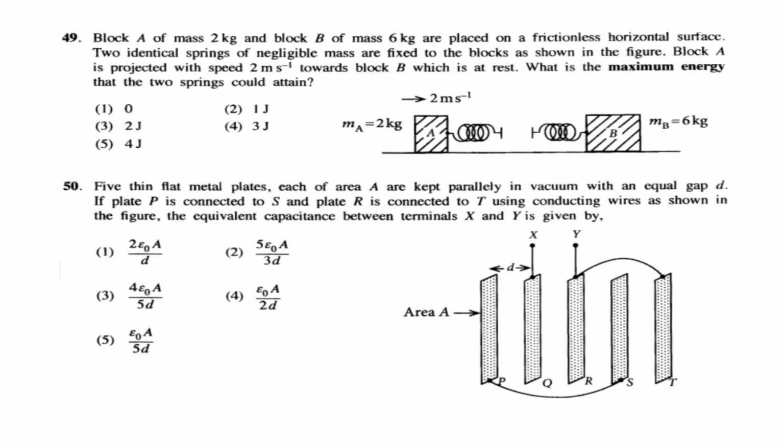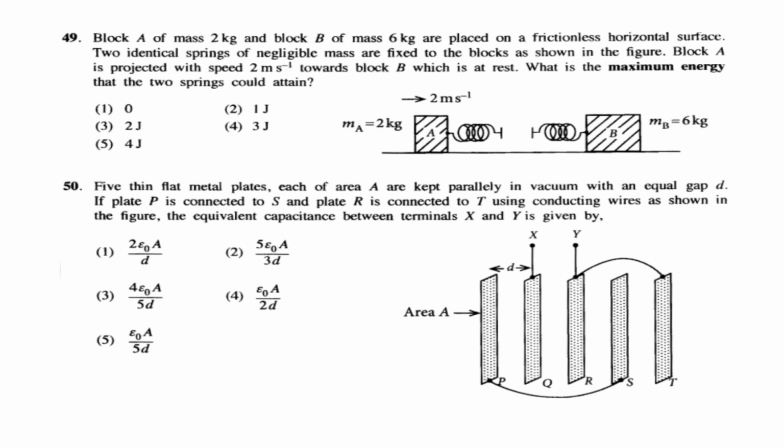The total momentum is mass times velocity. Mass is 2 plus 6, that is 8 kilogram, into v. By using the conservation of momentum, initial momentum 4 equals final momentum 8 into v. So there we get v equals half.